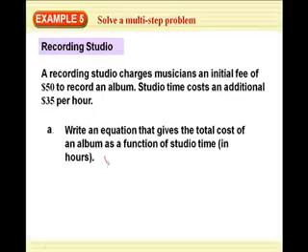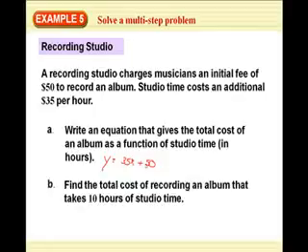So our slope is 35, because that's the part that can change, 1 hour, 2 hours, 3 hours. So it's 35x, and then we have to pay $50 besides that. So there's our equation, y equals 35x plus 50.